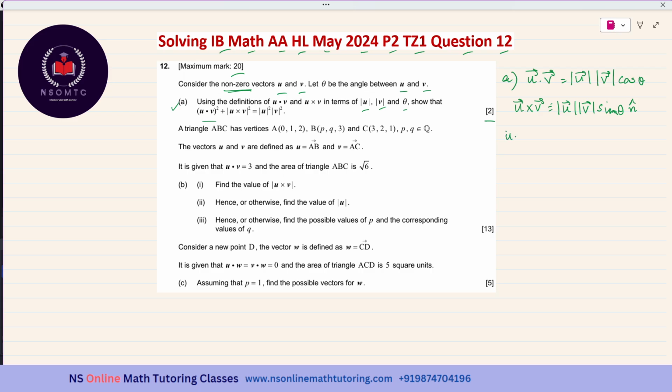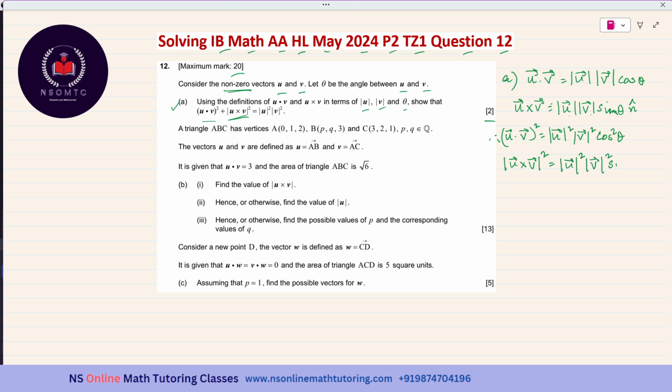From the definition of u dot v, I am squaring that. Therefore, (u dot v) squared is equal to the magnitude of u squared times the magnitude of v squared and cos squared theta. And then the magnitude of u cross v squared is equal to, these two are magnitudes, so these two will be getting squared.